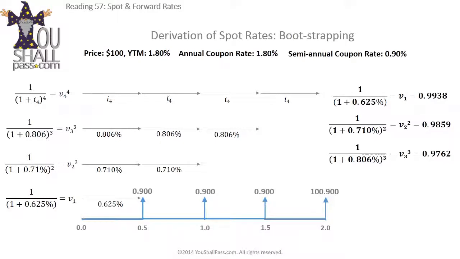So we have four cash flows, and we know the amount and the timing of each, and we have four discount rates, all but the last one of which we know. So we work out the discount factors based on the discount rates that we do know.